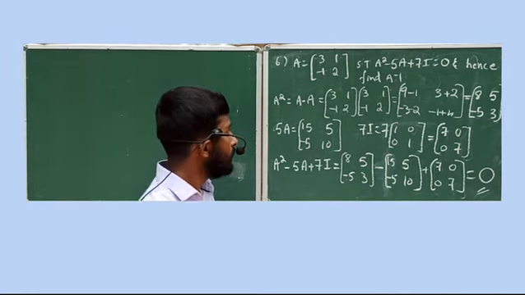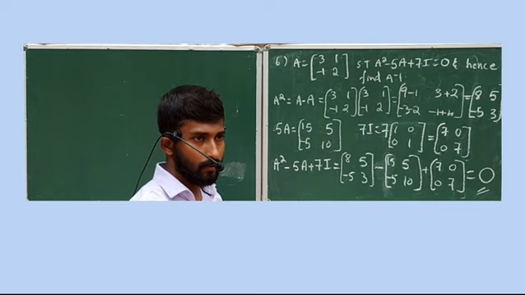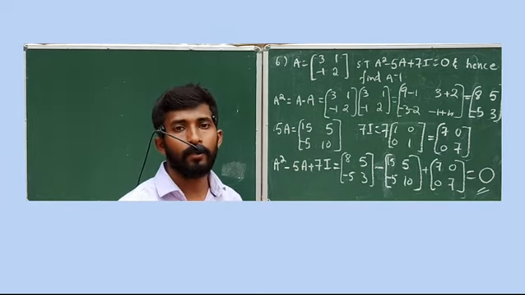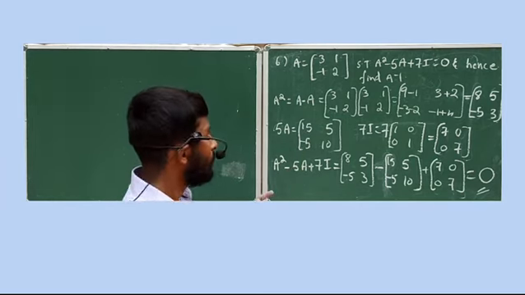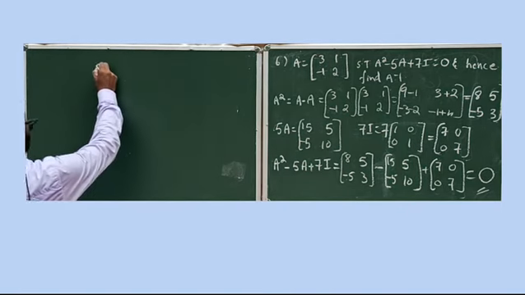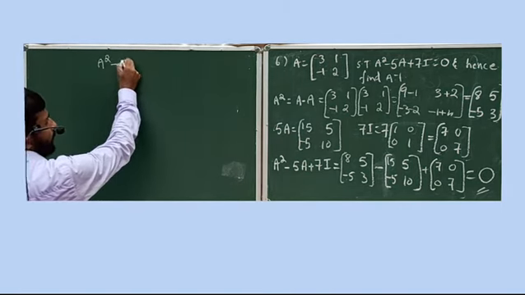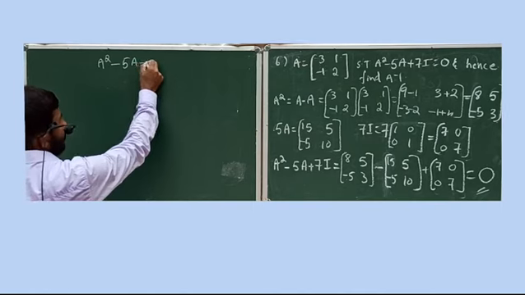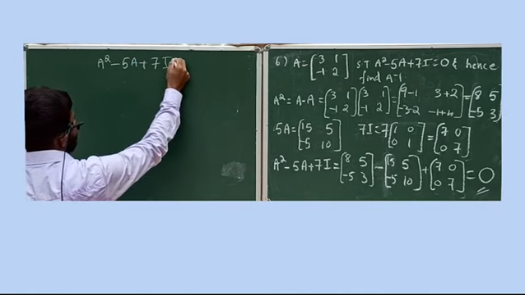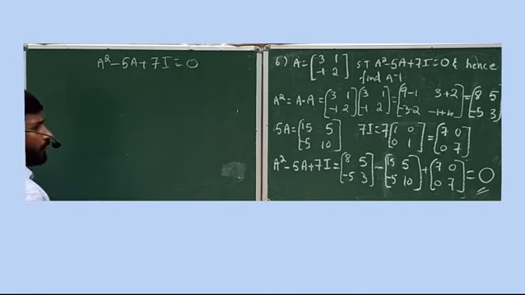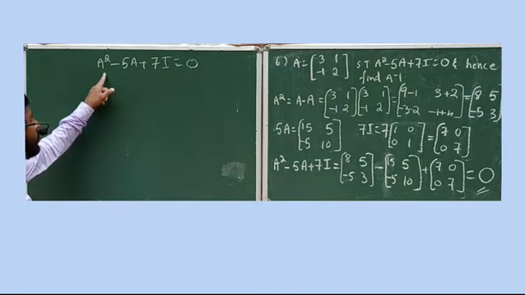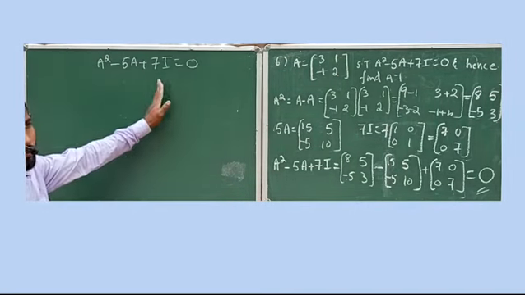See the second part, hence find A inverse. That means using that equation you need to find A inverse. I am considering the equation A square minus 5A plus 7I is equal to 0. Next, to this equation multiply A inverse.